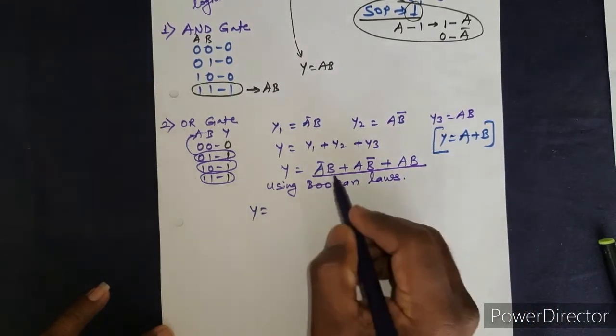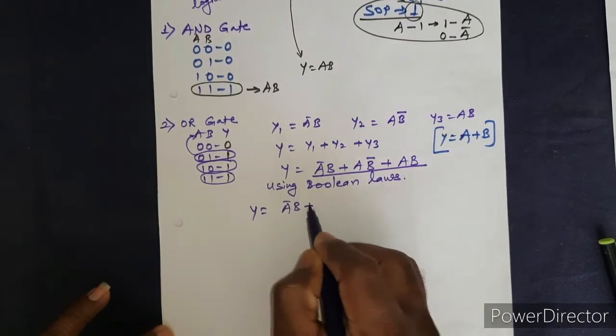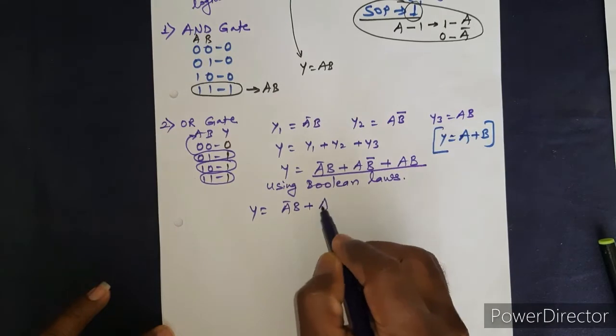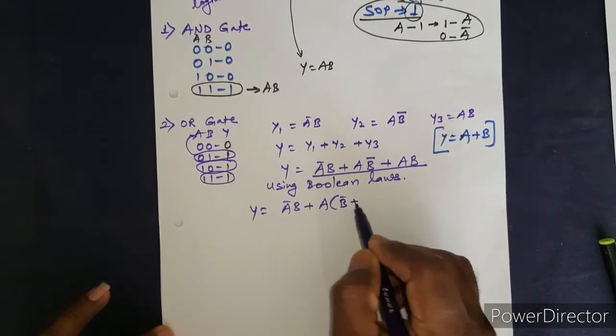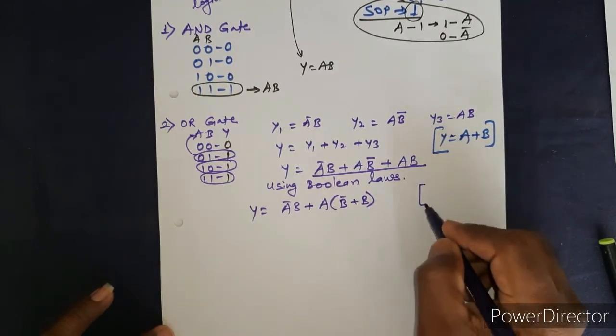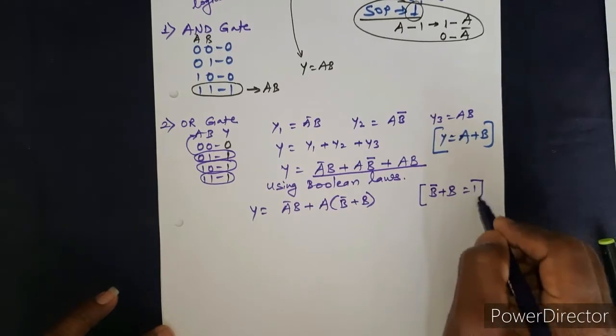So y equal to, if I take here a b bar plus ab with a common, this becomes b bar plus b, and according to ORing laws, b bar plus b is equal to 1.